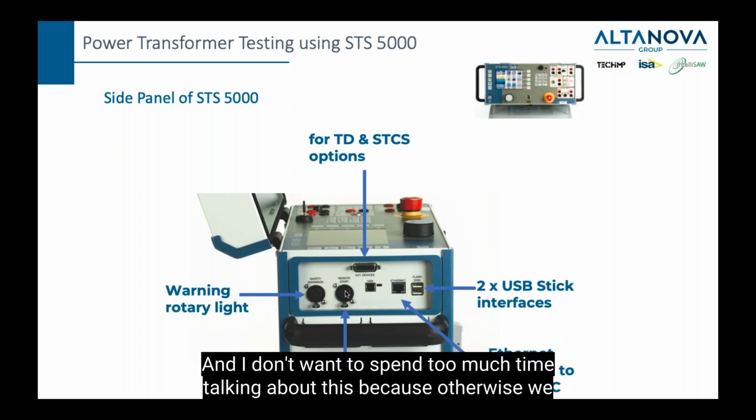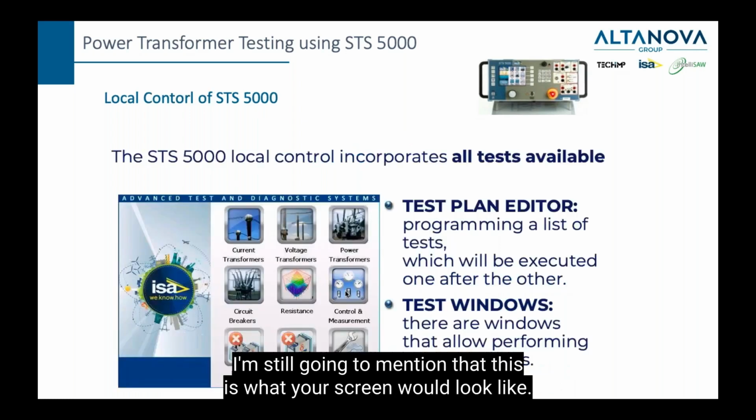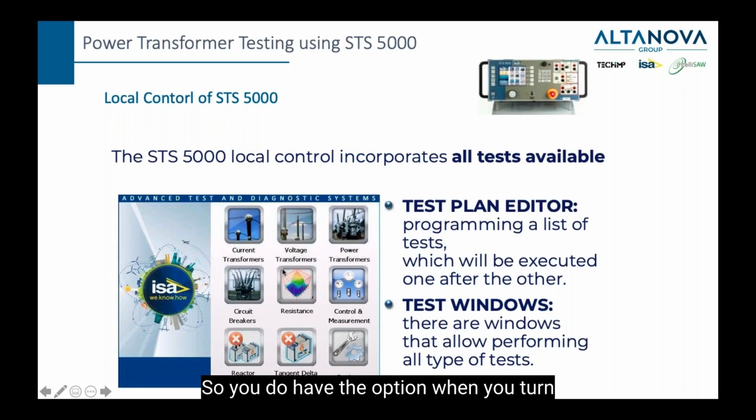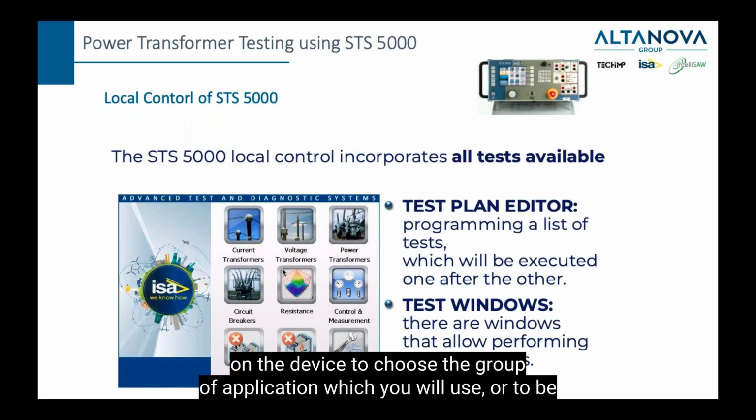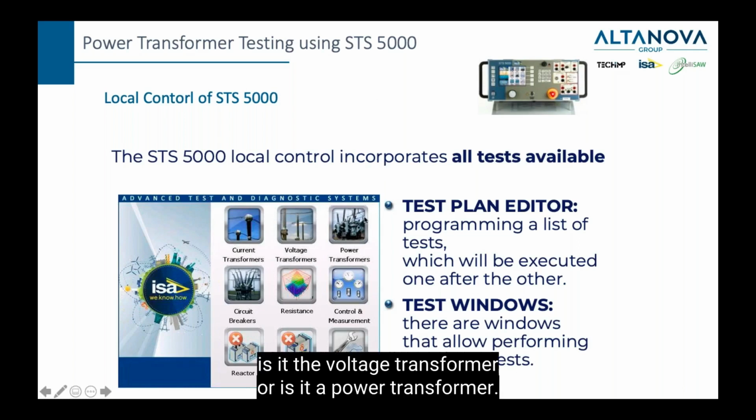And I don't want to spend too much time talking about this because otherwise we will not have time to talk about the test itself. But I'm still going to mention that this is what your screen would look like. So you do have the option when you turn on the device to choose the group of application which you will use, or to be more exact, to choose the asset which you will be testing. Is it a current transformer? Is it a voltage transformer?